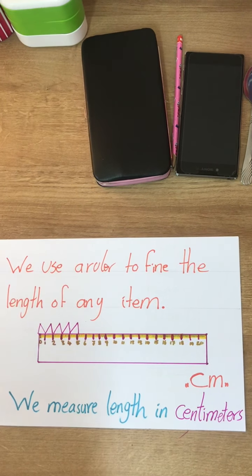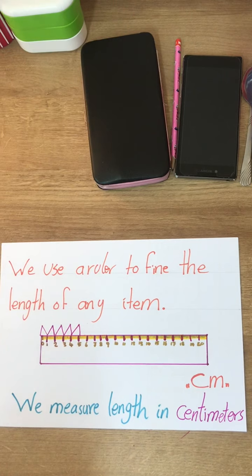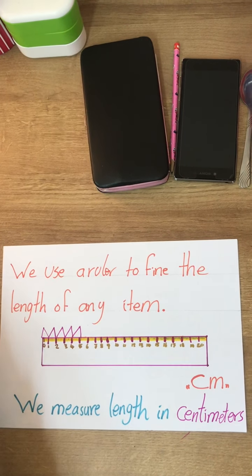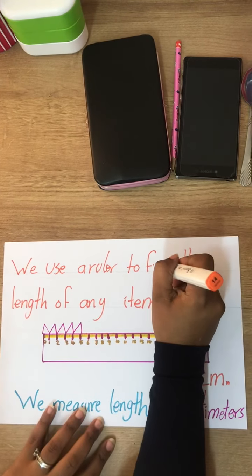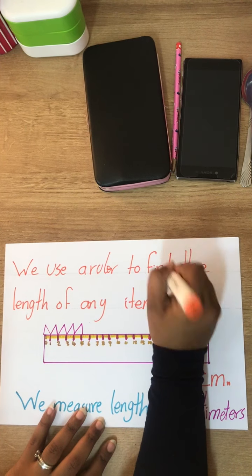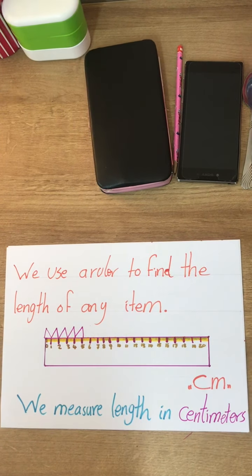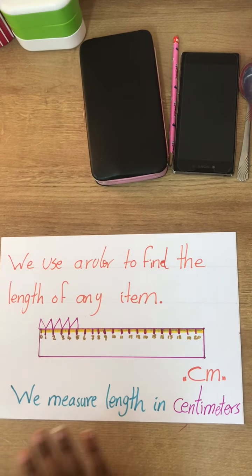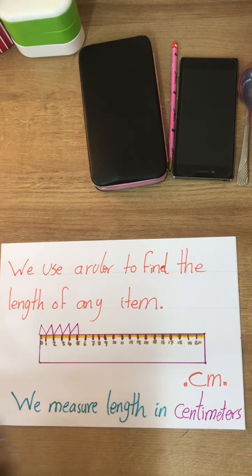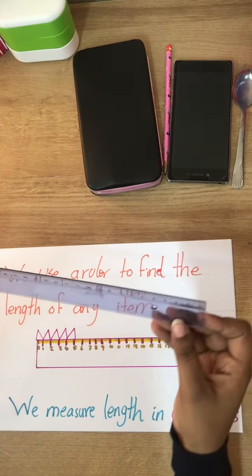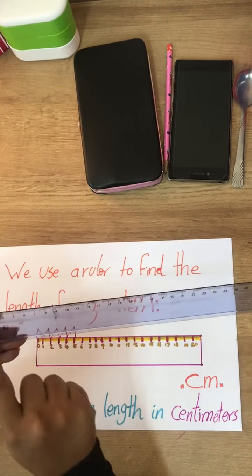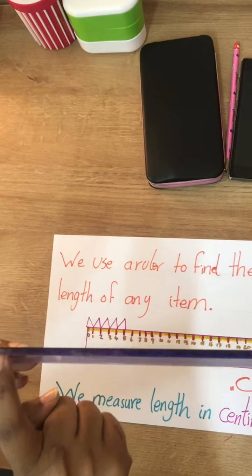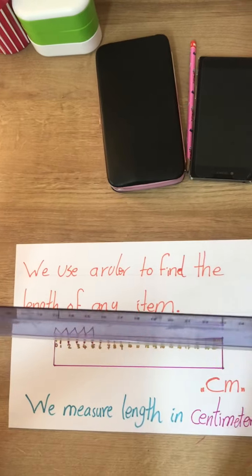We use a ruler to find the length of any item. Let's say this is my ruler. First, any ruler has small writing in it, starting from 0 to 1, 2, 3, 4, 5, 6, 7, and so on.